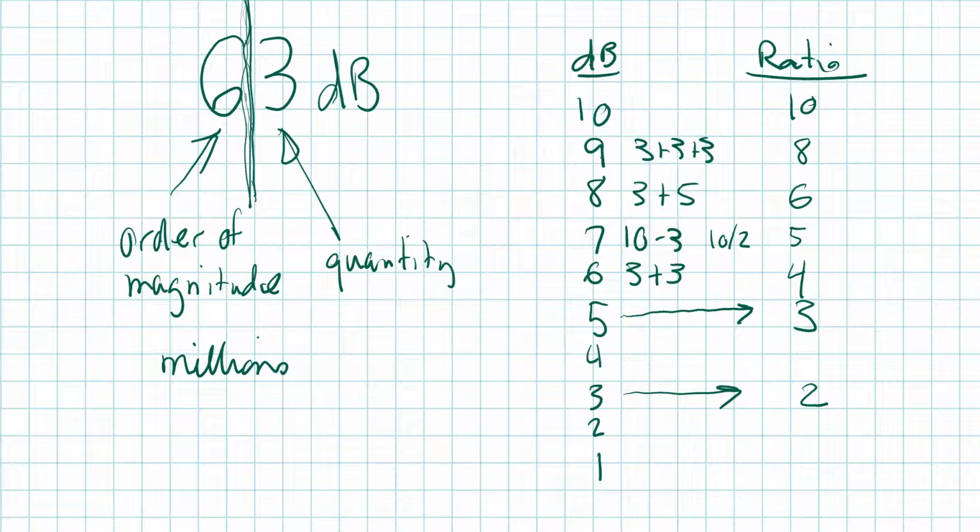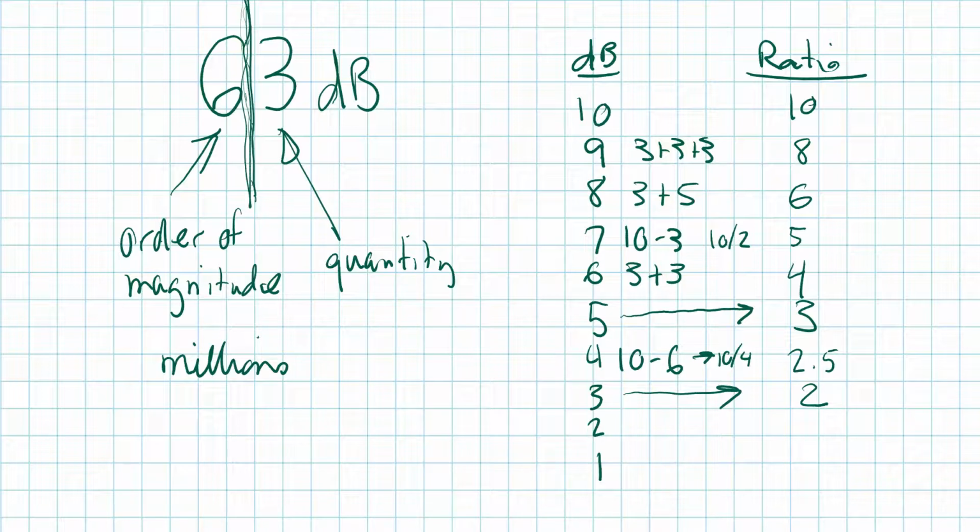So 4, which was easy converting from a ratio to dB, you can think of as 10 minus 6, which is the same as saying 10 divided by 4 in the ratio world, which gives you 2.5 for a ratio.